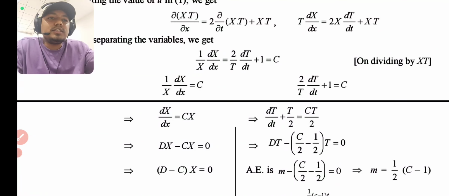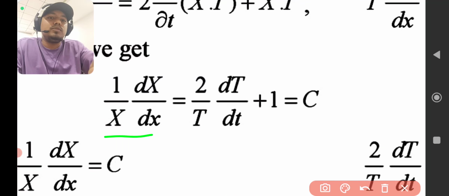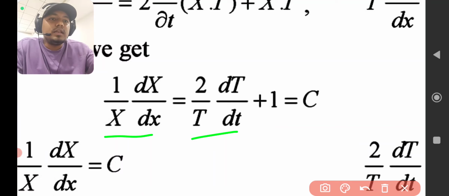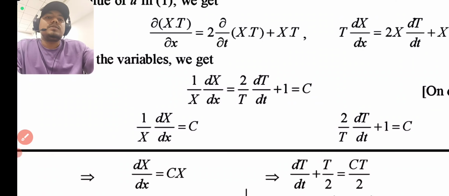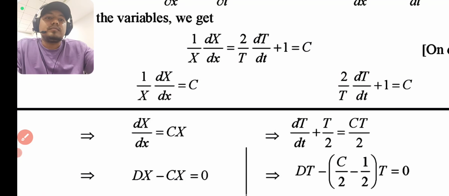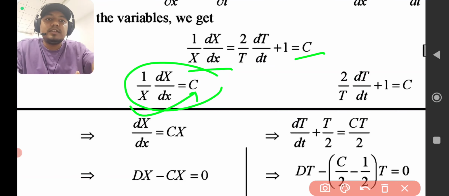When you have divided by xt, then you can see here the x term came together, the y and t term came together, and that you consider as a constant c, like in previous questions we have considered as k. Once this much is done, then you can take the first part with the third part, and write here, then multiply this x this side, done.